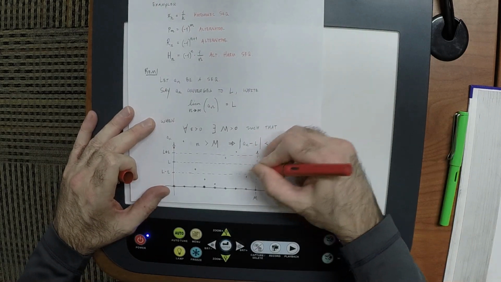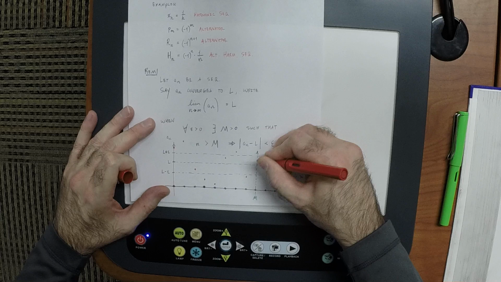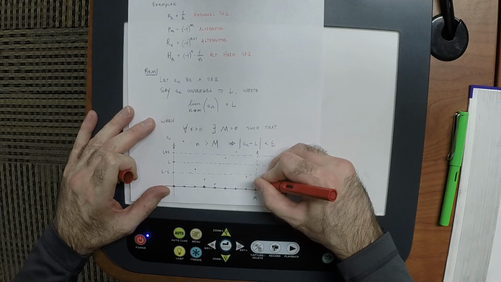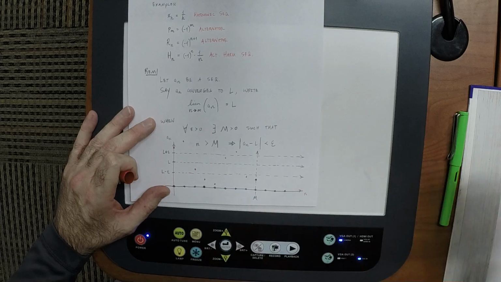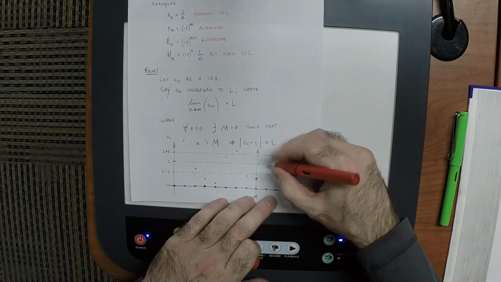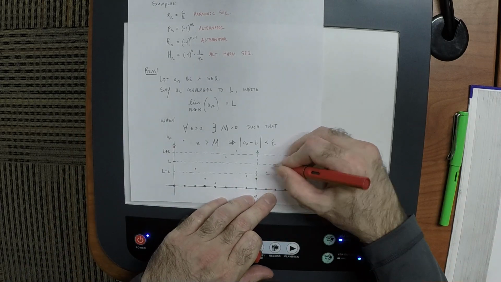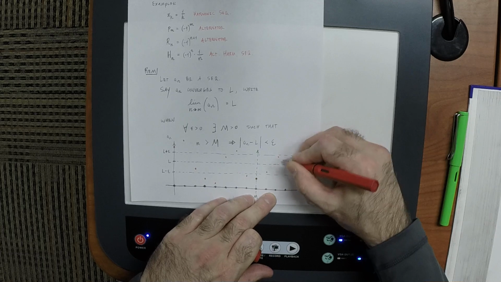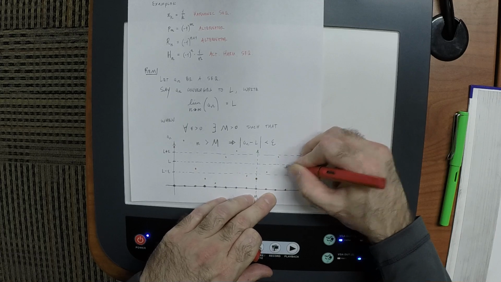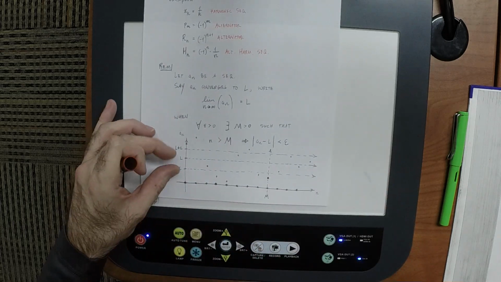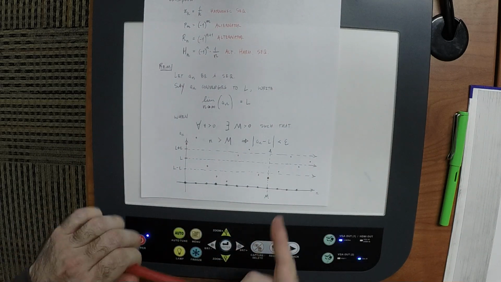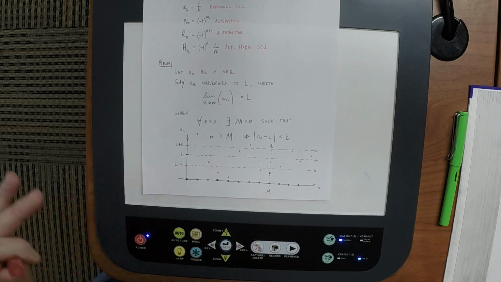Maybe even at the last second, that one's still no good, so it's right there. But from now on, all the points are in the strip. No matter how small you make that strip, I can always respond with the M.